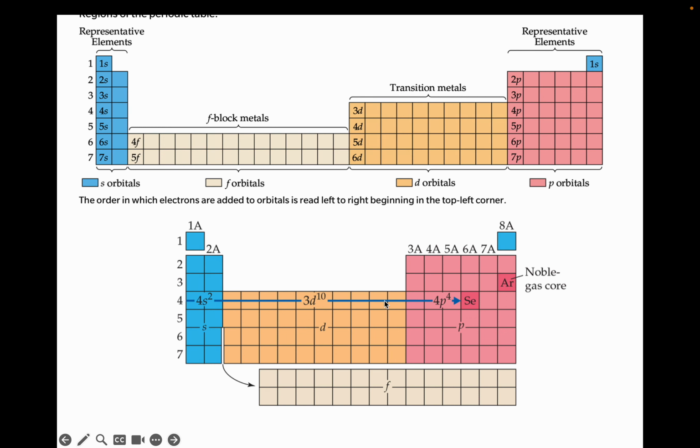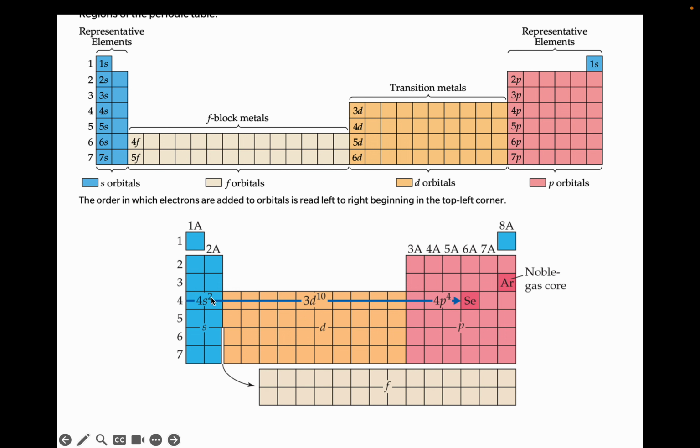So let's say we're trying to figure out the electron configuration for selenium, Se. If we're writing the condensed electron configuration, the previous noble gas would have been argon. So we could say, let's begin with argon and then identify what comes after that. Working across the next set of rows, we'd have to add to the s orbitals.